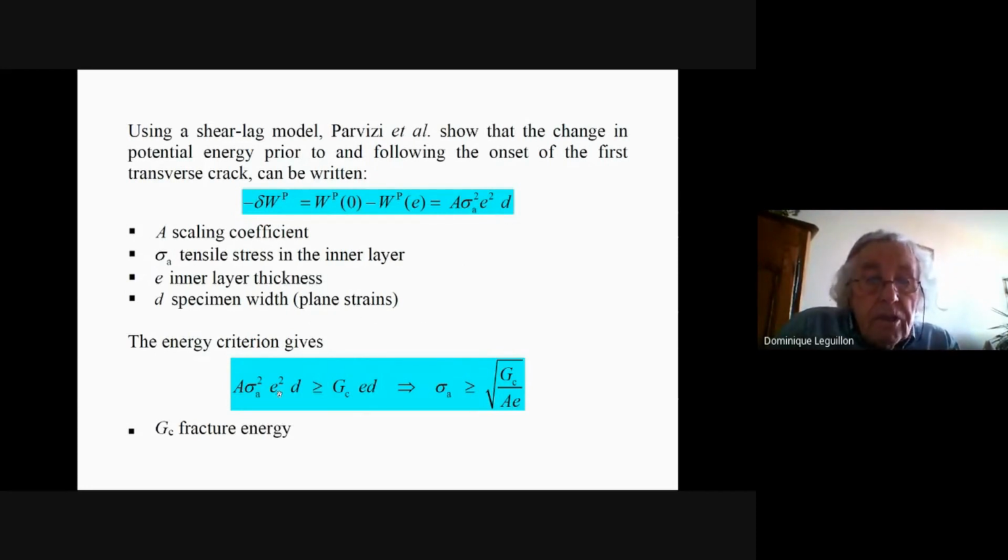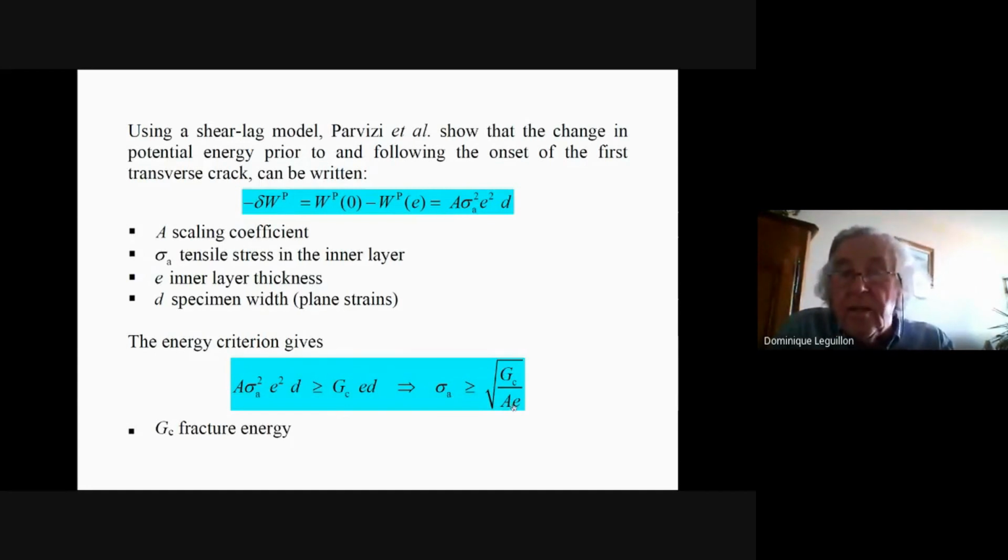The energy condition now: this is a change in potential energy, and it must be larger than the energy needed to create a crack. It is the fracture energy G_c, introduced by Griffith, times the surface of the crack, which is E times D, okay? And from that, you derive that the first crack can occur if the applied stress is larger than this value.